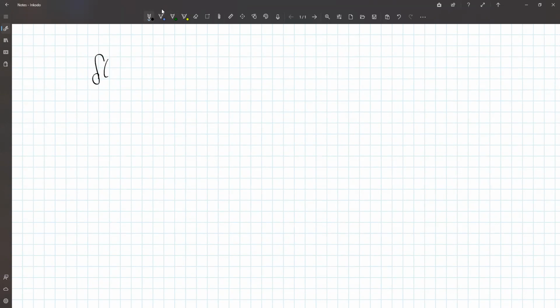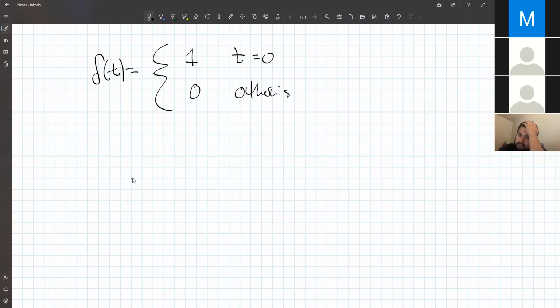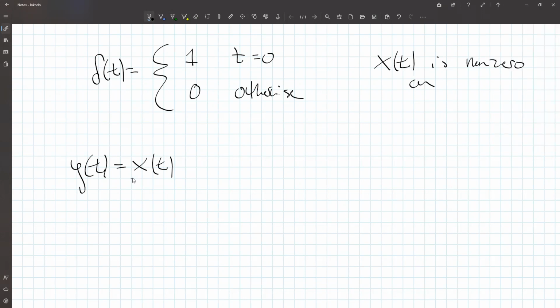And now we have the delta function, delta of t, and that is equal to 1 at t equals 0, and it is equal to 0 otherwise. And so if I had y of t, and once again, we assume x of t is non-zero on negative infinity to infinity, y of t is equal to x of t times delta of t.